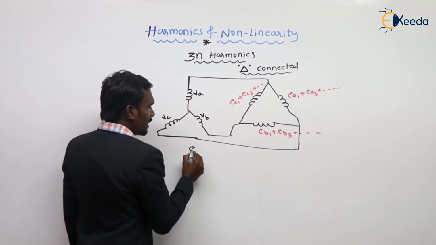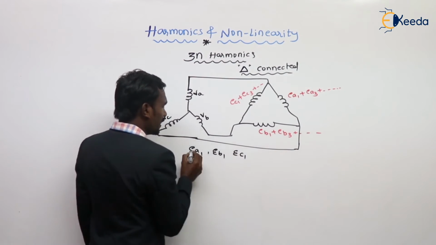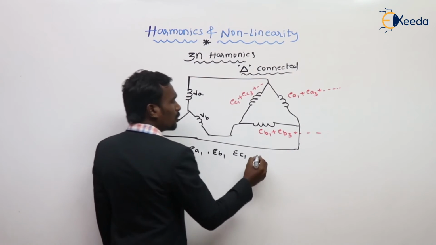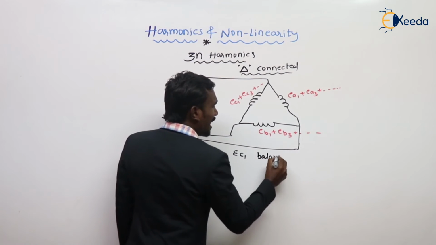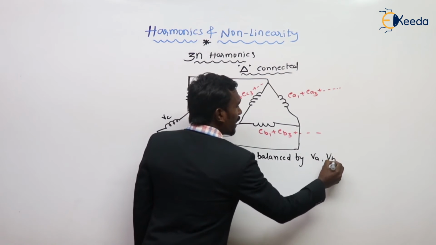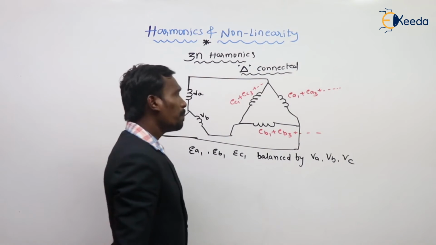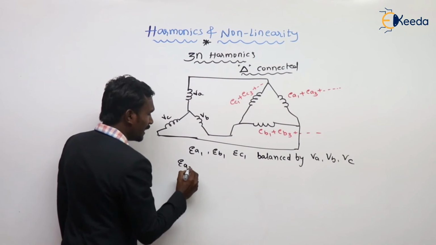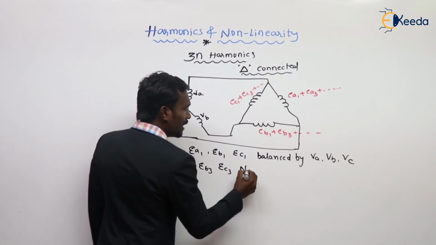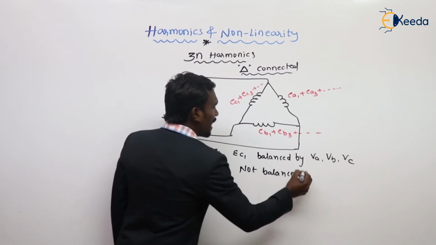Actually, EA1, EB1 and EC1 are balanced by the source voltages VA, VB and VC. But EA3, EB3 and EC3 are not balanced.